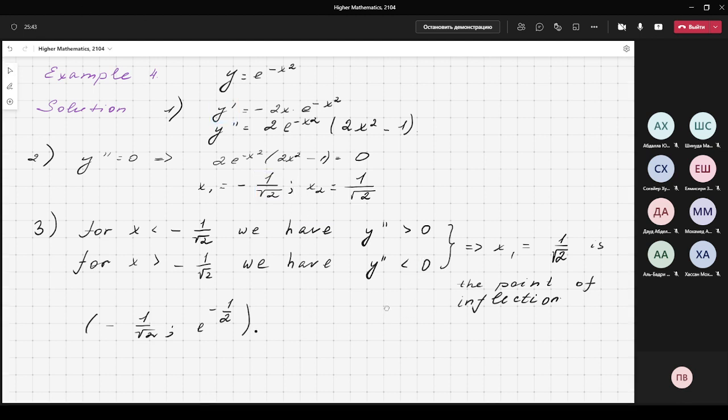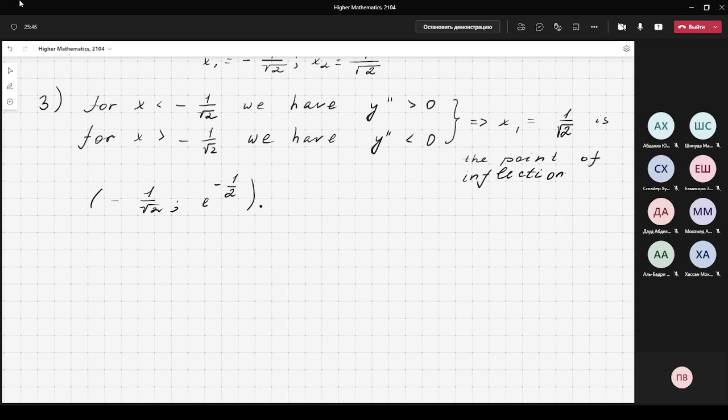Then, for x less than 1 over square root of 2, y'' is less than 0. For x greater than 1 over square root of 2, y'' is greater than 0.